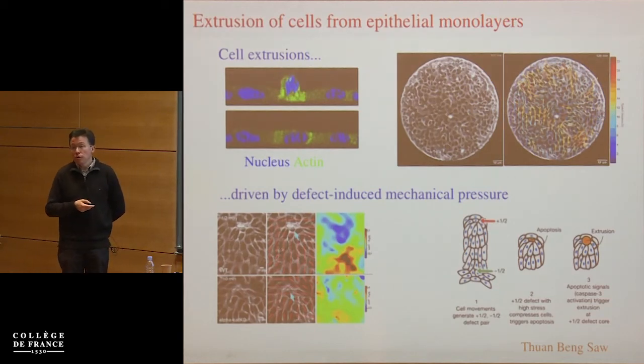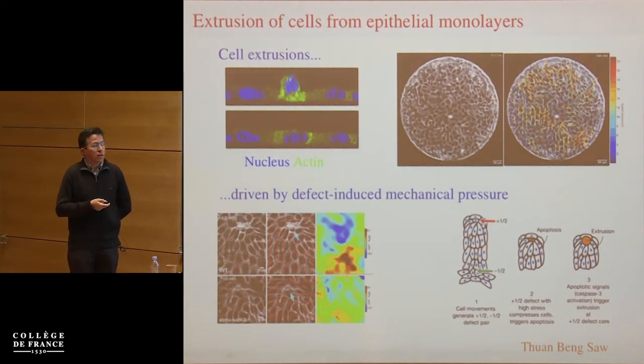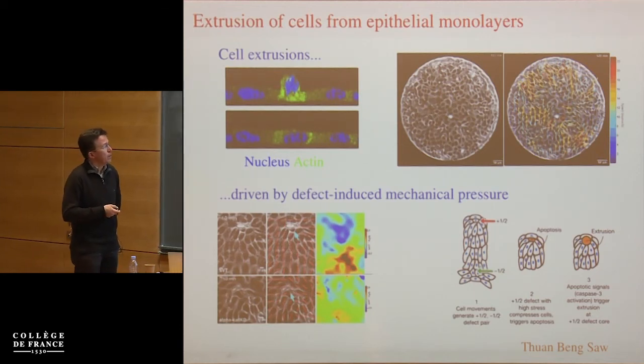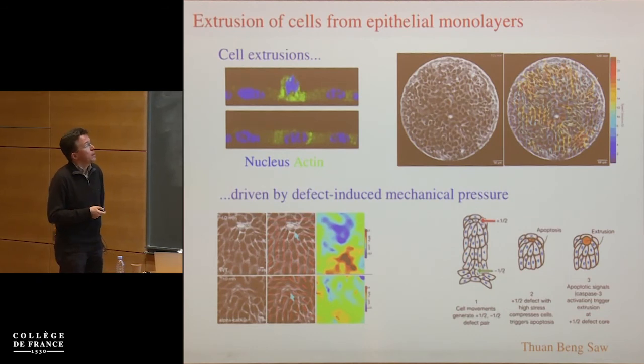What was observed is that, somewhat unexpectedly, this correlation with plus 1/2 defects is specific, and in particular, for this cell type at least, there is no correlation between the location of extrusions and the location of the other kind of defect that is possible in this system, that is minus 1/2 defects.